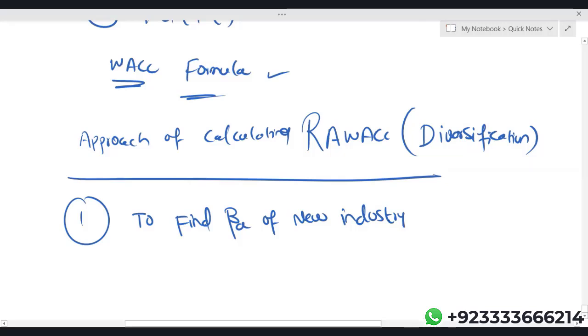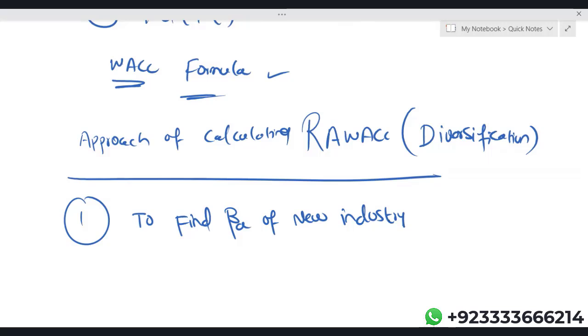There are two possibilities. Number one, if examiner is nice towards you, I would say very nice, then examiner might give you directly the beta asset of new industry. Chances are almost zero. Examiner is not so nice towards the students.